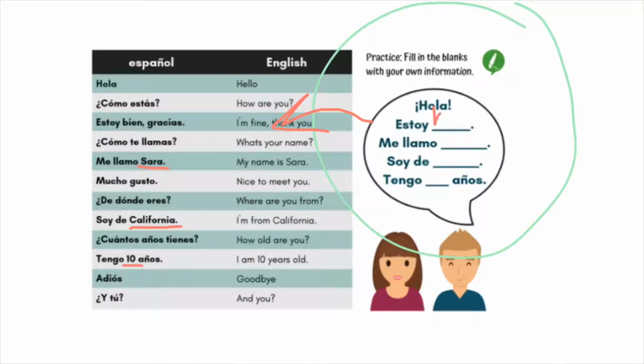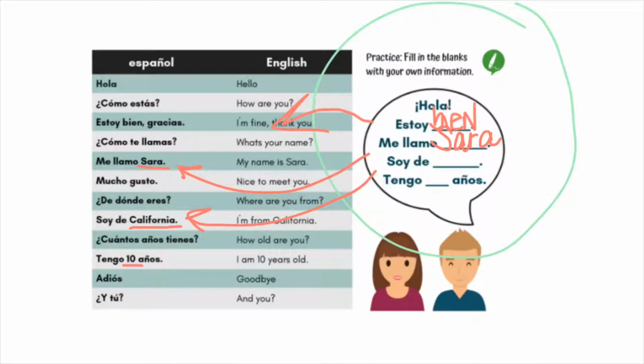Estoy bien. Okay, to keep going, me llamo Sara. Soy de, that's over here, but that's just an example.